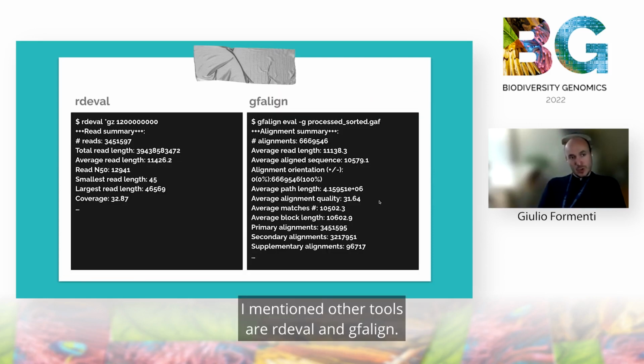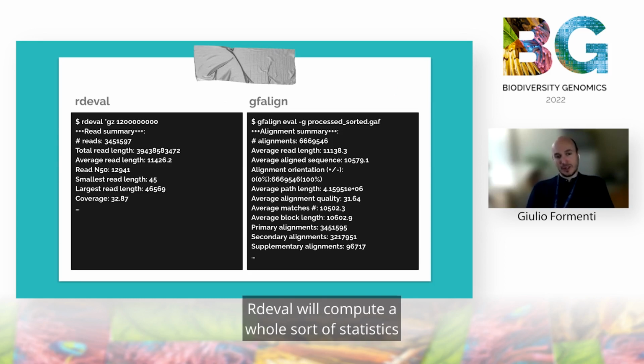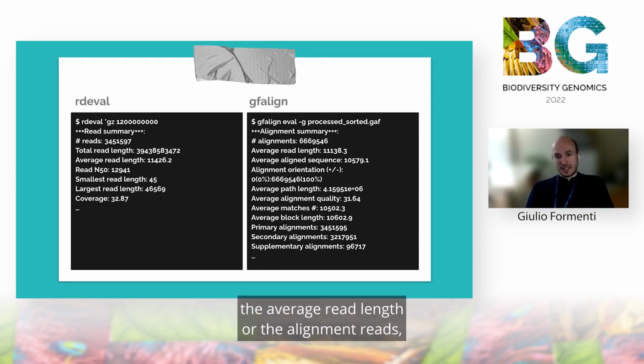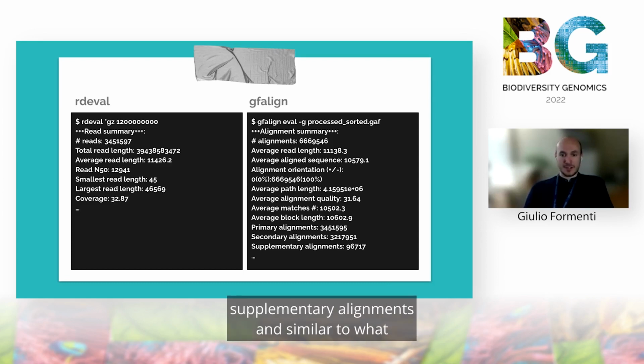I mentioned two other tools, rdeval and gfalign. rdeval will compute a whole set of statistics for reads, and gfalign will do something similar for alignments to the graph. Particularly in this case, we're using alignments from GraphAligner. So you can see the number of alignments, the average read length of the aligned reads, orientation, path lengths, secondary alignments, supplementary alignments, and so forth.